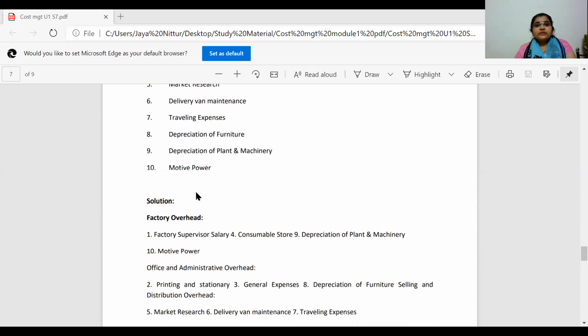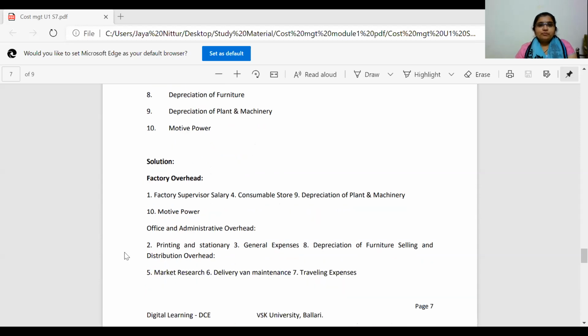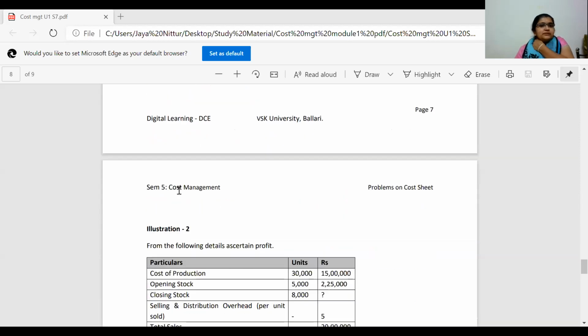Then depreciation of plant and machinery comes under factory. Motive power is also an expense which we consider under factory overhead. These are some examples we need to understand.